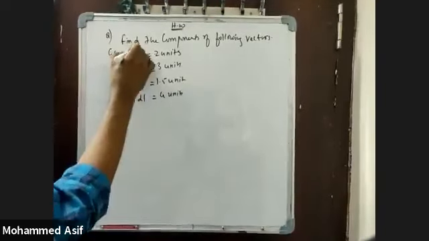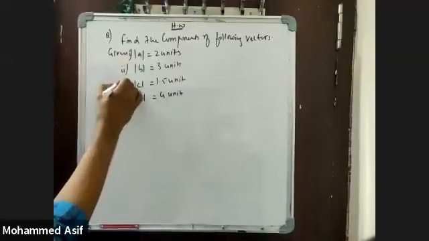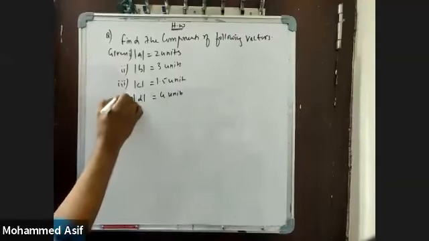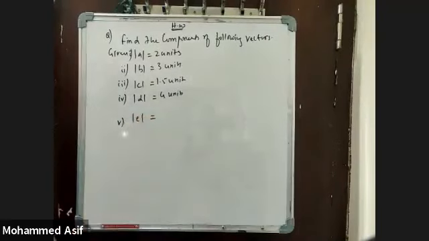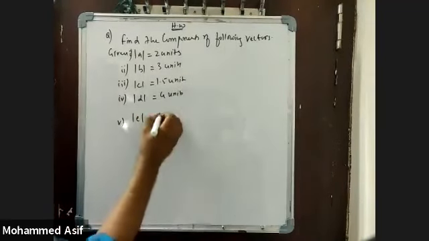This is the first question. This is the second question. This is your third question. This is your fourth question. Then fifth question: mod of your E is equal to 1 unit.